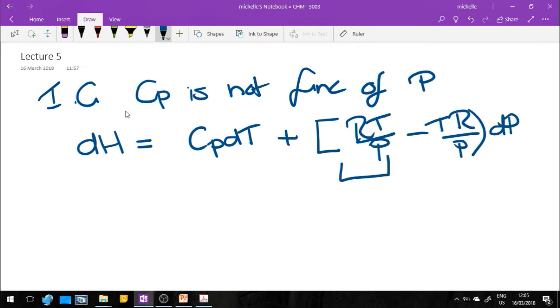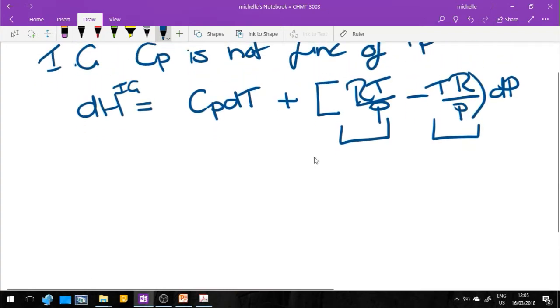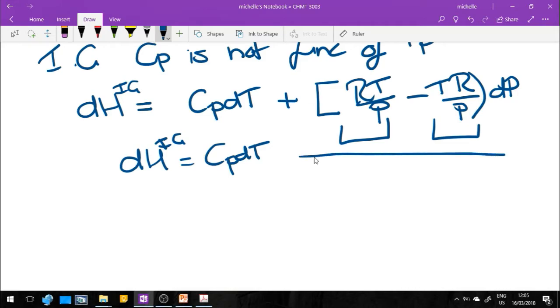If you substitute, this is dH for an ideal gas, you'll find that dH equals Cp dT. So it's showing you that for an ideal gas, it's not a strong function of pressure, because those terms cancel out.